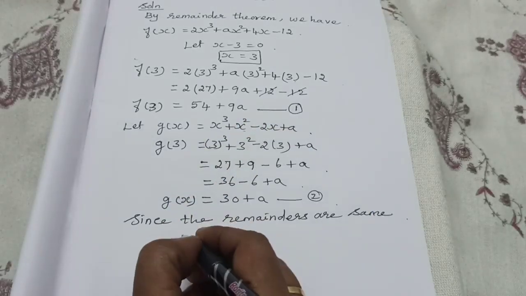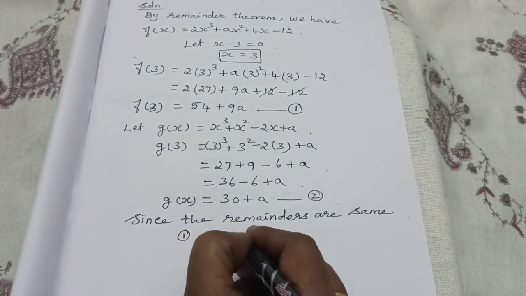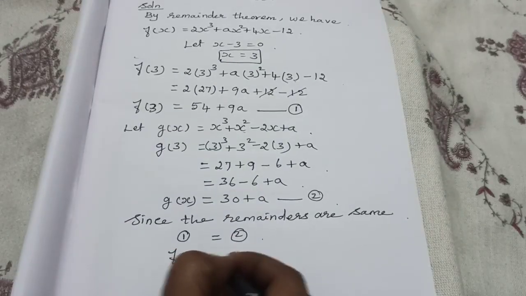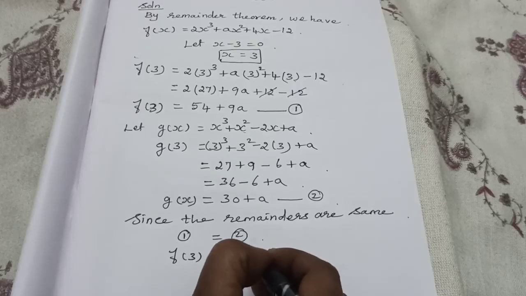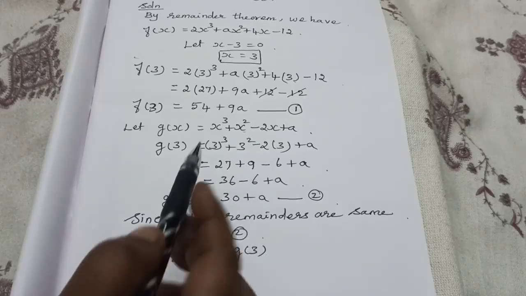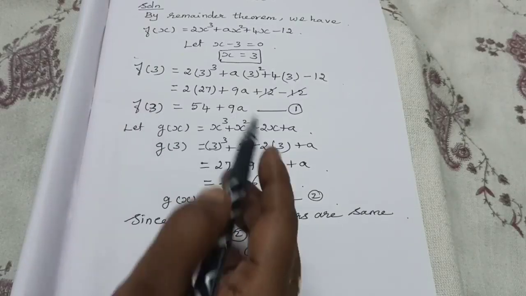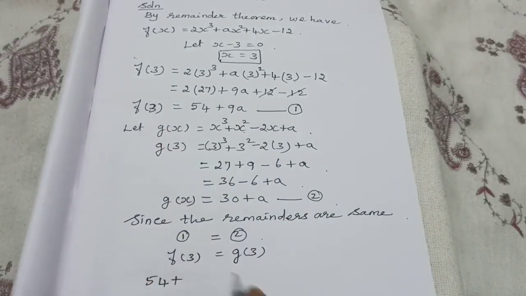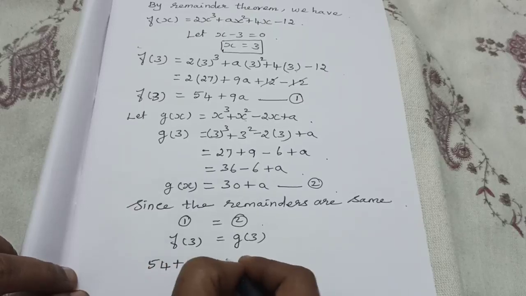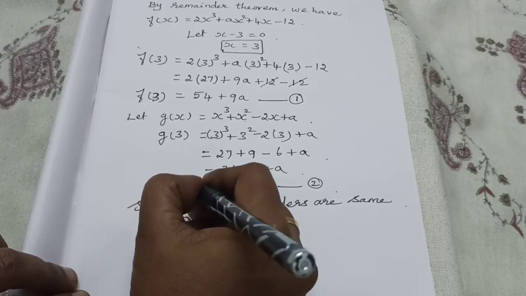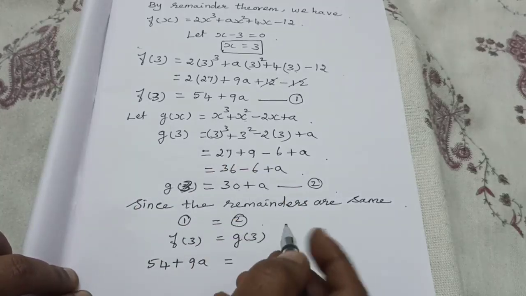That means equation number 1 is equal to equation number 2, that is f(3) is equal to g(3). These two remainders, f(3) and g(3), are both equal. For f(3), the remainder we got is 54 plus 9a, equal to g(3), which is 30 plus a.